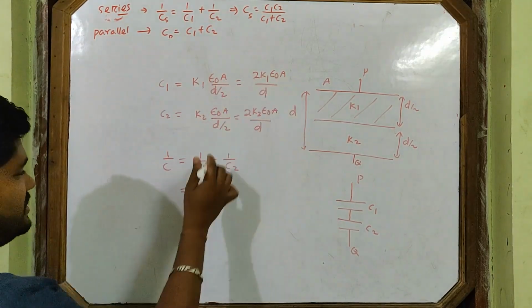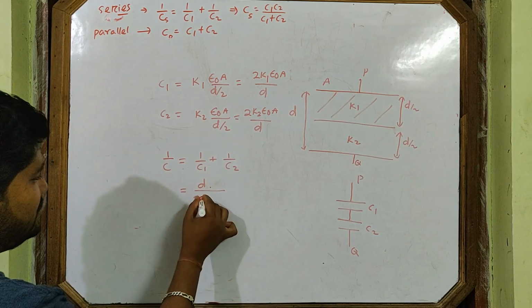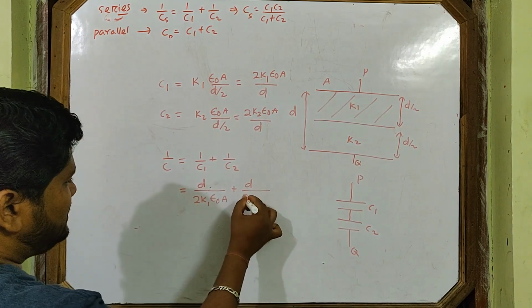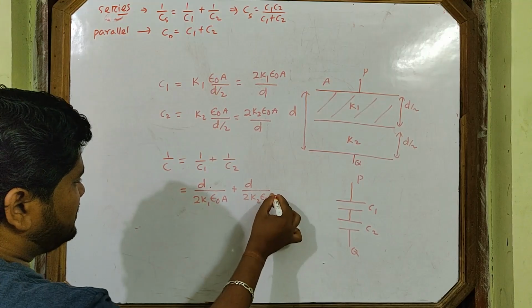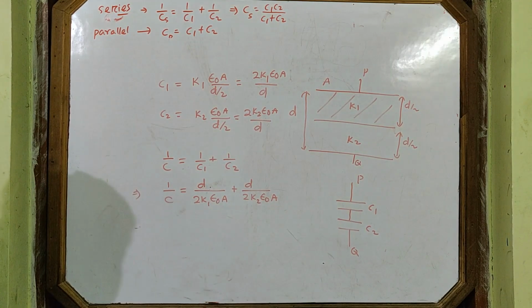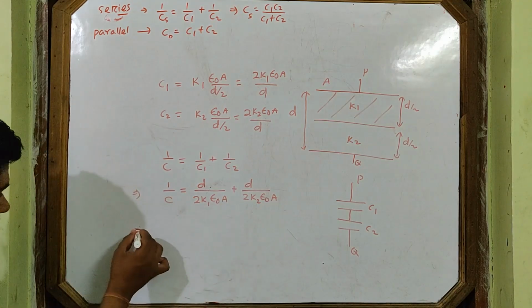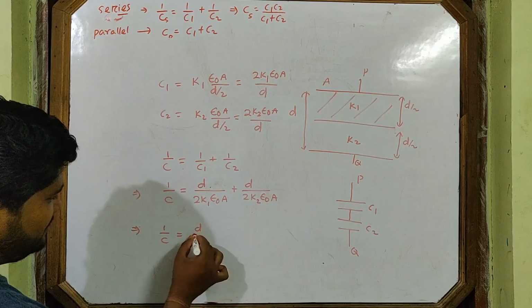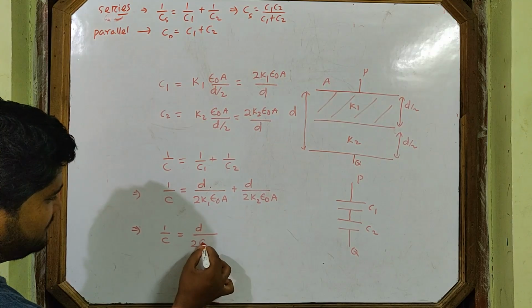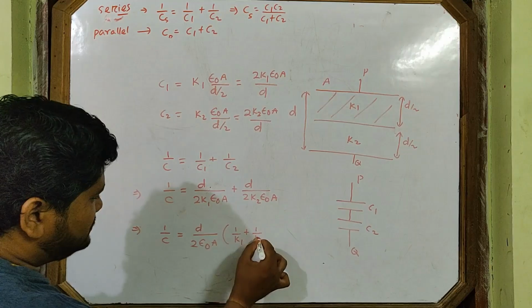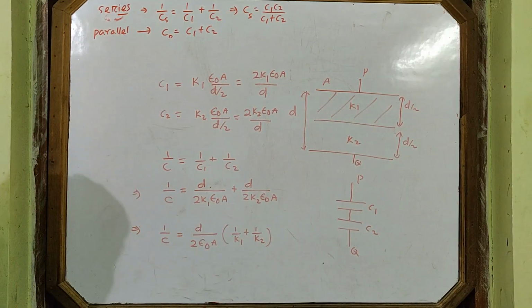You just put C1 here, you will get D by 2K1 epsilon naught A plus D by 2K2 epsilon naught A. Okay. Then what happens to 1 by C? You take common D by 2 epsilon naught A times 1 by K1 plus 1 by K2.